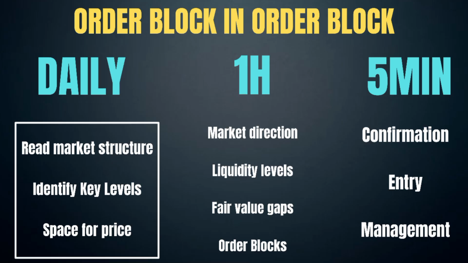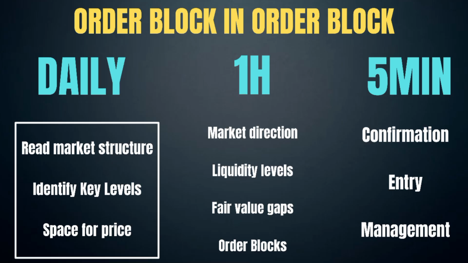Second, we have the 1-hour chart, where we will apply smart money concepts to identify market direction, liquidity levels, fair value gaps, and, more importantly, the order blocks, which are the optimal trading zones that might provide us with a high-quality trading setup. In the final step, we will zoom into our lower time frame, the 5-minute chart, to find confirmation and enter positions. Remember, this trading plan is not limited to any specific chart or time frame.